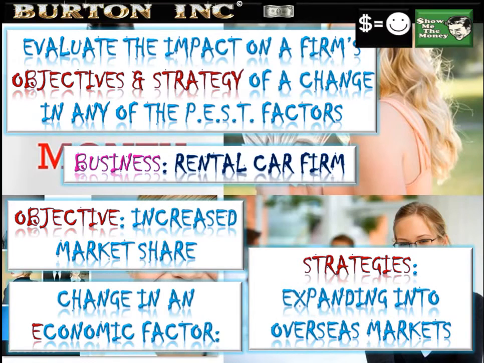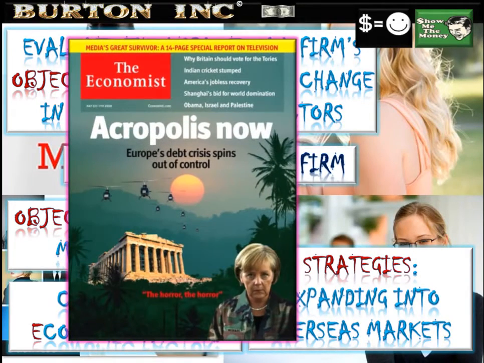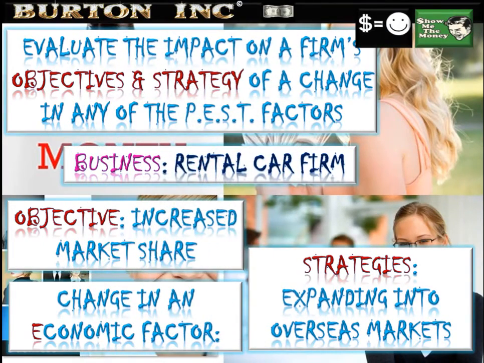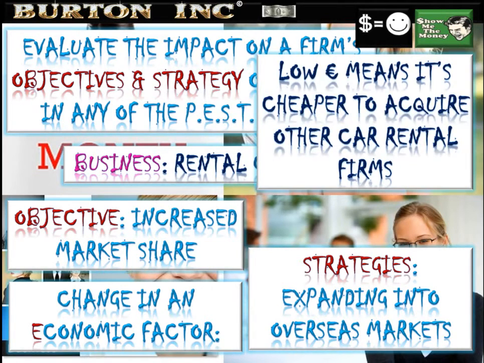Now, if we have a change in an economic factor, for example, we've got Europe's debt crisis spinning out of control at the moment. How can this impact on a firm's objectives and strategy? What could the possible scenarios mean for the business? In this case, the low euro means it's cheaper to acquire other car rental firms.